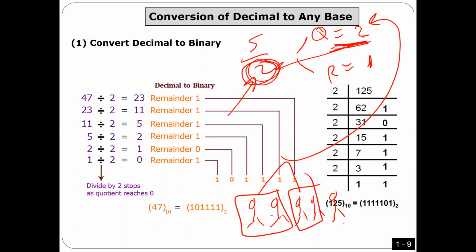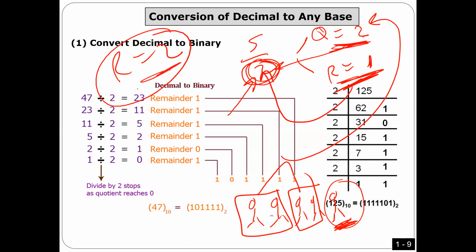And then the remainder, that's why it's called the remainder. Remainder means the remaining item, which is not big enough to make a group. That is why the remainder always has to be less than this number. It doesn't make sense for the remainder to be 2, because if it is 2, it has to be added to the quotient.